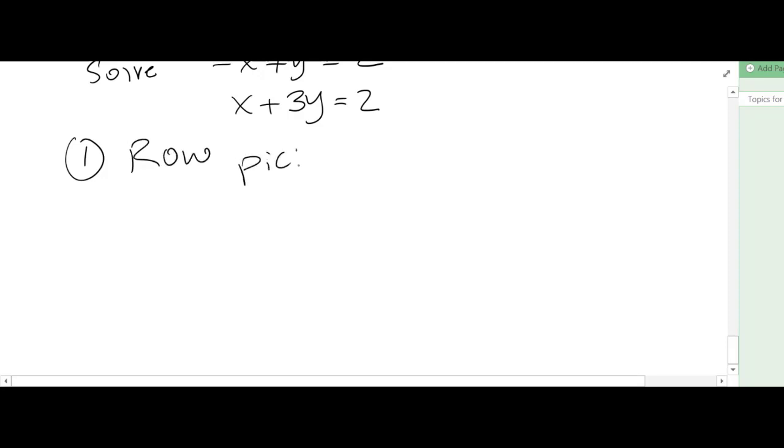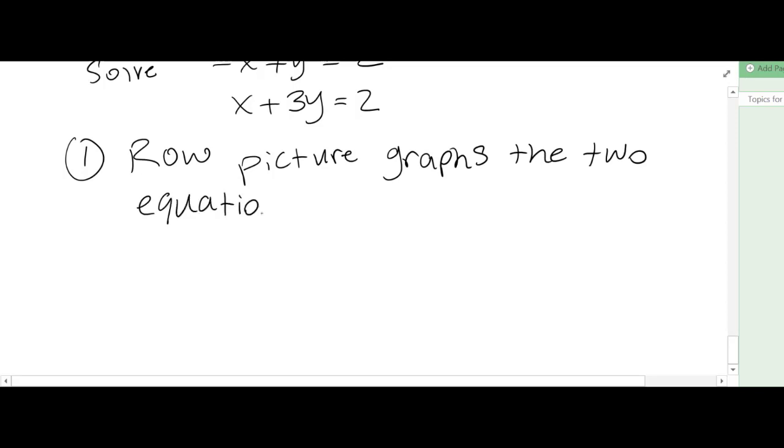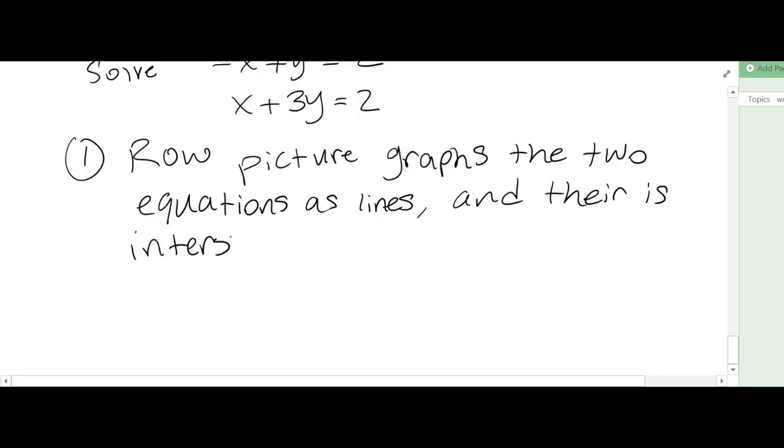The way of thinking about it is to graph the two equations as lines in the plane. And then the intersection of the two lines is the solution to the problem.